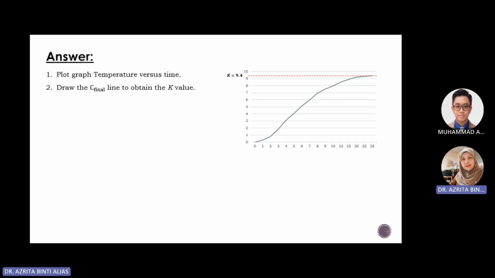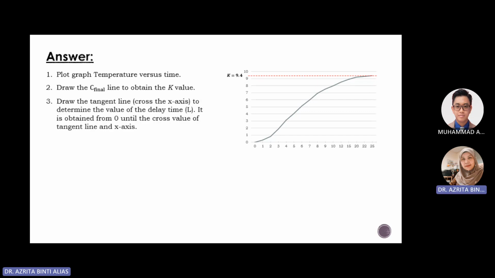First, draw this line. Second, we draw the tangent line. The tangent line must cross the x-axis to determine the value of the delay time, the parameter L. It is obtained from 0 until the cross value of the tangent line and the x-axis. How to draw the tangent line?